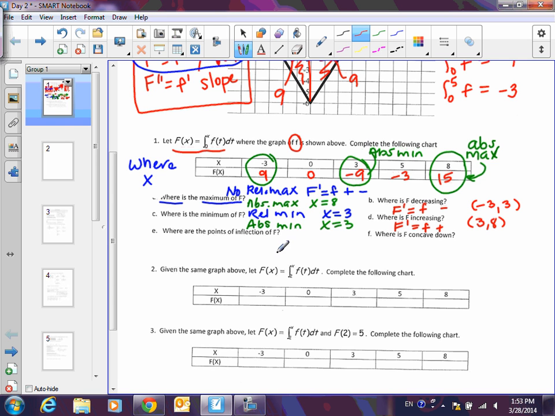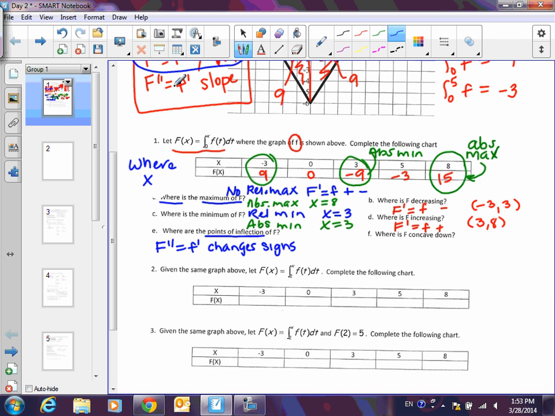All right. Points of inflection. Points of inflection have to do with the second derivative. So where are the points of inflection? It's when the second derivative, which is the same as little f first derivative, changes signs. We can't just say equals 0. That's a mistake here. That's not quite good enough.